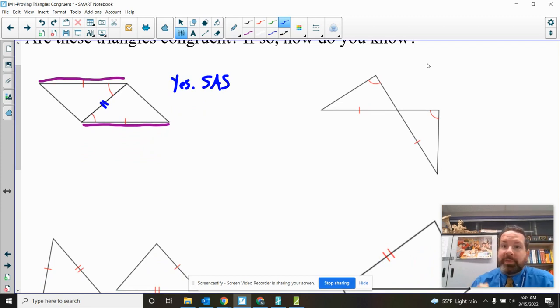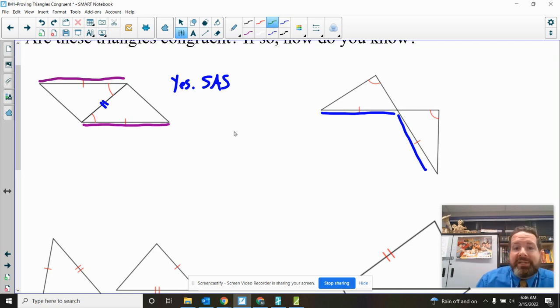Okay, next up. As we look at this situation, what do we have? I see that I have some sides that are matching up. We've got an angle that matches. Do we have any other information? We do.